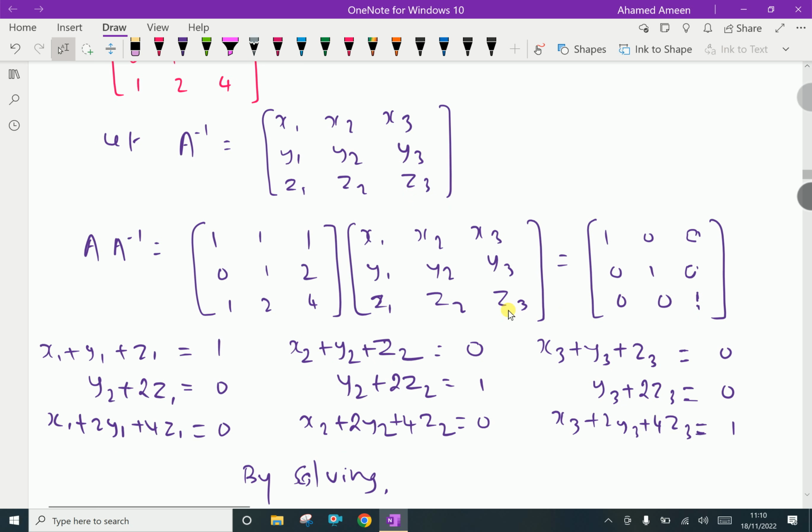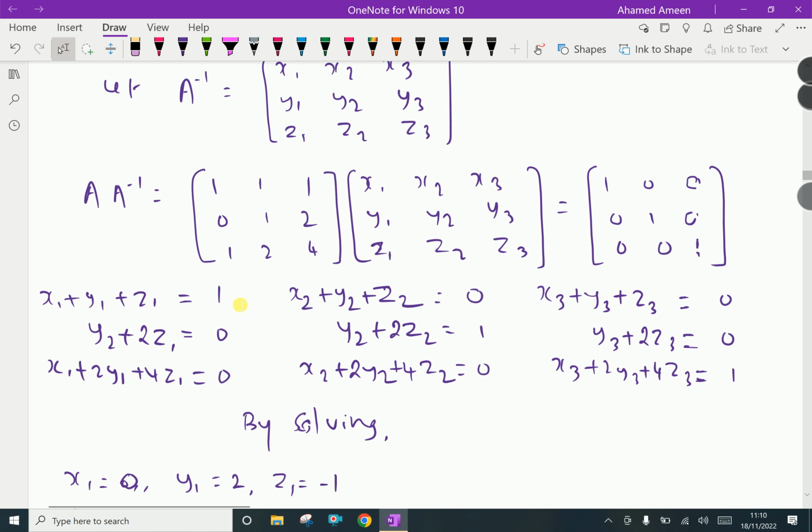Now look at this multiplication: 1 into x1 plus 1 into y1 plus 1 into z1 equals 1. For the second row with the first column, 0 into x1 is 0, 1 into y1, 2 into z1, that is the second equation, which becomes 0.